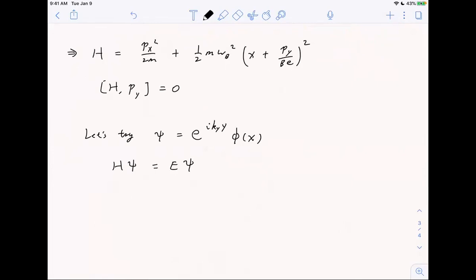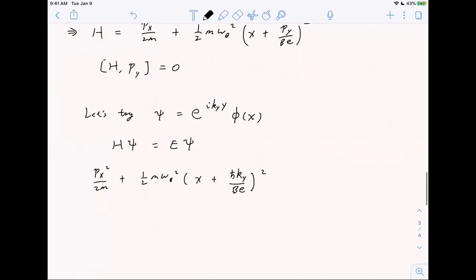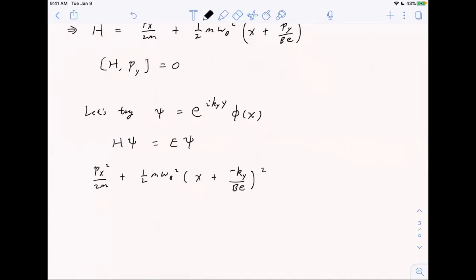Once you try that, the py will become h bar ky, and b squared. After you apply that, this ky is just a number. It is no longer an operator.